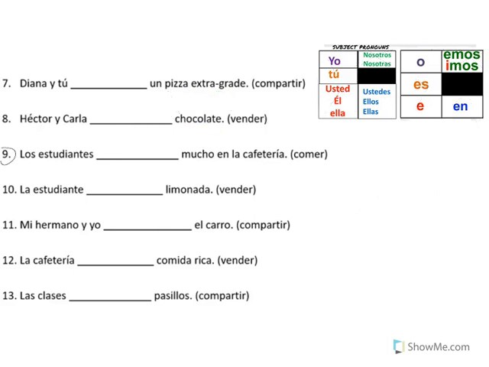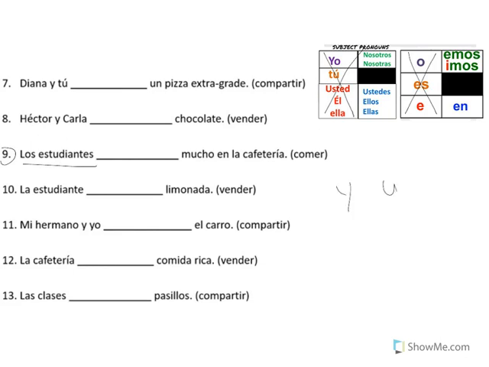9. Los estudiantes. Okay, now here we don't have names of people, but we have a group. It says los estudiantes. That means the students. More than one. So if it's more than one student, cannot be that. Now, even though you might say, well, I'm a student, I know that.